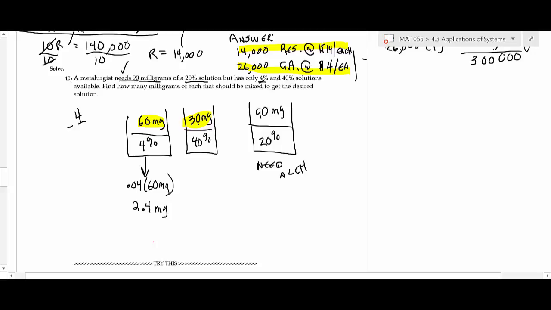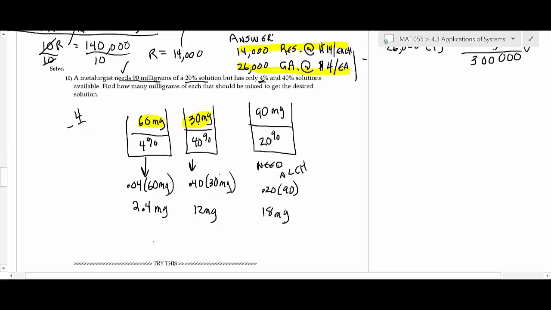So that would mean out of that 60 milligrams, 2.4 is alcohol, or in this case, it's metal. Then I would do 40%, which is 0.40 times 30 milligrams. So that would end up being 12 milligrams. That's how much of the active ingredient you have. Then if you go over here, if you did 20% of 90, that would end up being 18 milligrams.